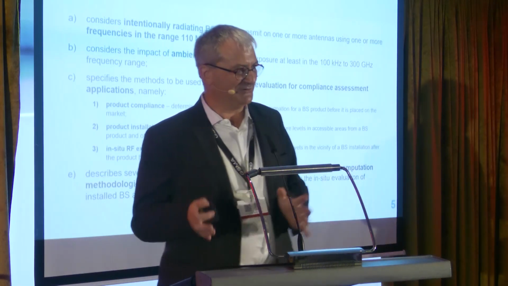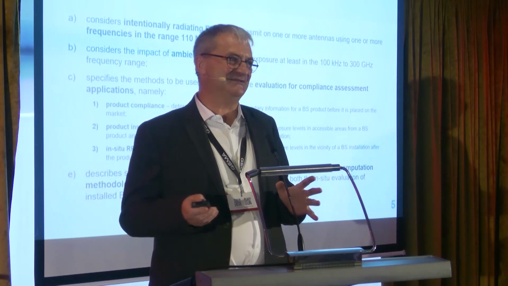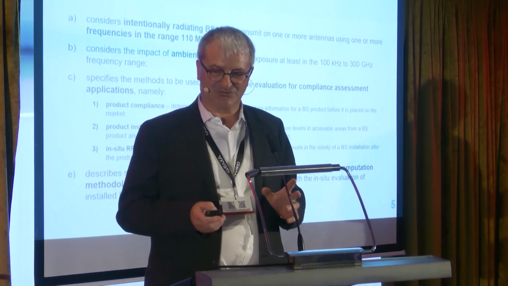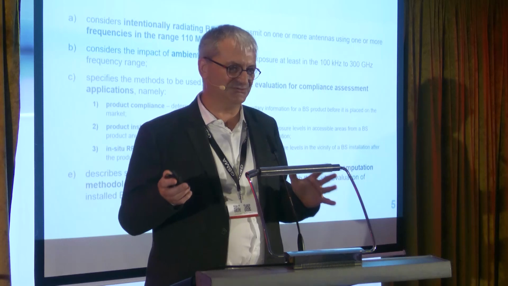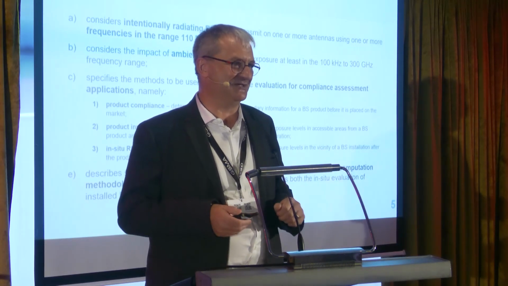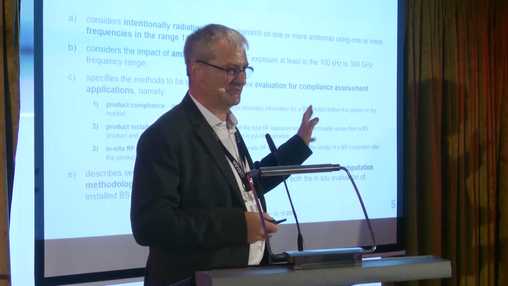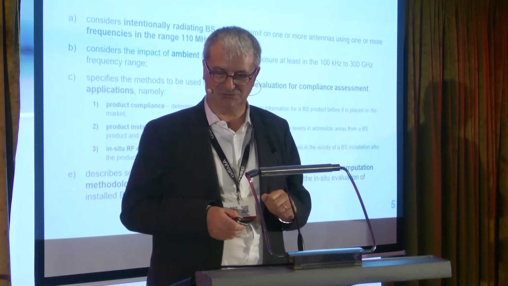So let's go into the deep dive now. The IEC 62232 scope is usually the starting point when you enter into a big standard like this, and I just took some extracts, which are most relevant.